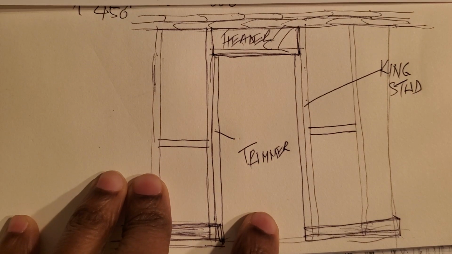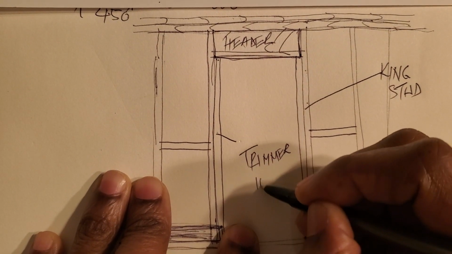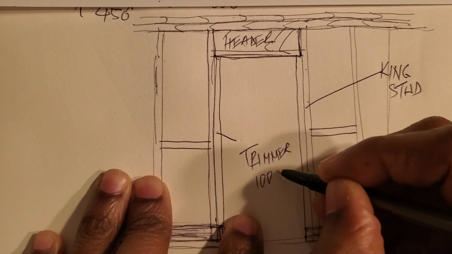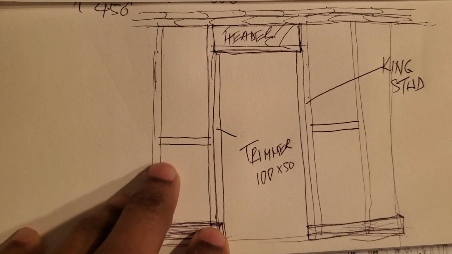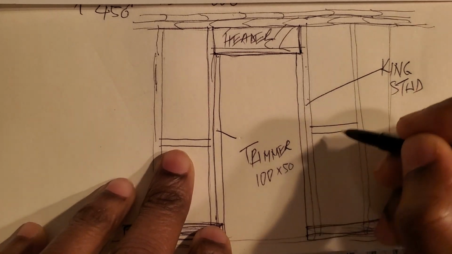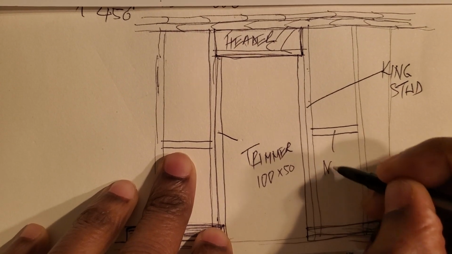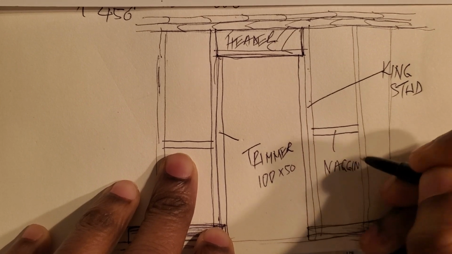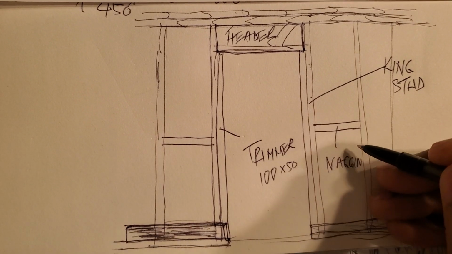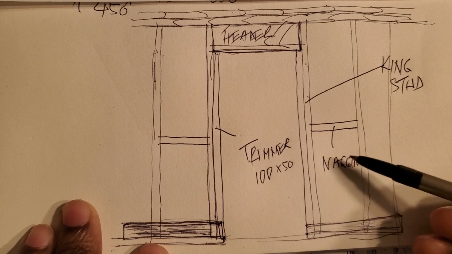The trimmer, and these studs are typically 4 by 2 or 100 by 50 millimeters. The noggin, which acts as a support. The noggins are not always used.